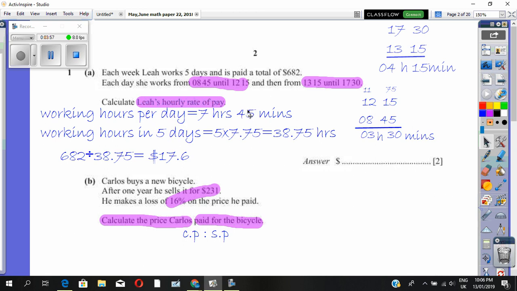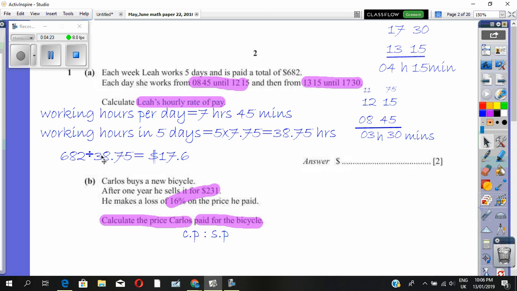Now we change 45 minutes into 0.75, because 45 minutes is 3 by 4, and 3 by 4 changed into decimal gives 7.75. The 7.75 times 5 gives us 38.75 hours. This is the total time she worked in 5 days, and in 5 days her wage, the total paid, is 682.